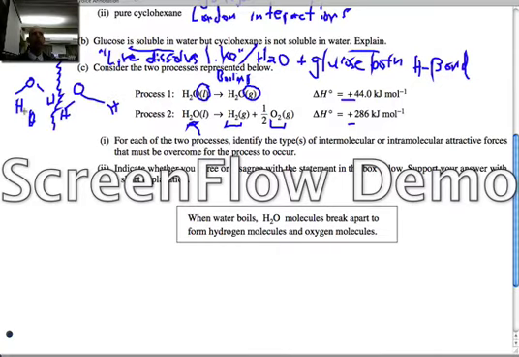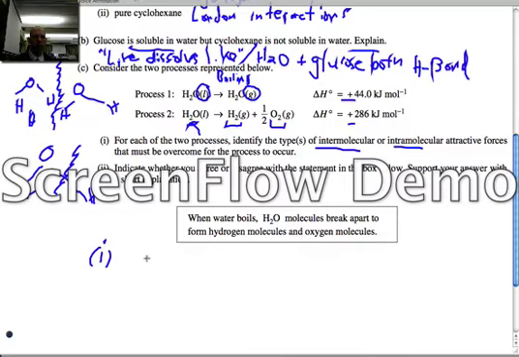That's an intermolecular attraction. Whereas in process 2, you have a water molecule and you're breaking that. That's an intra connection. So it says for each of these two processes, identify the types of inter or intra attractive forces that must be overcome for the process to occur.